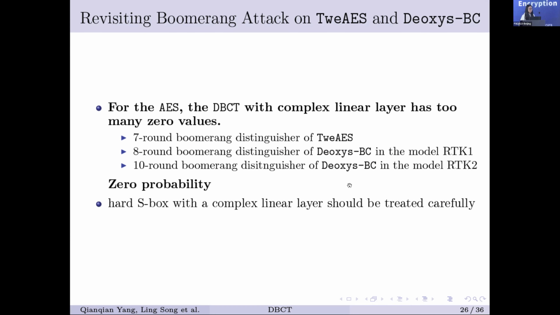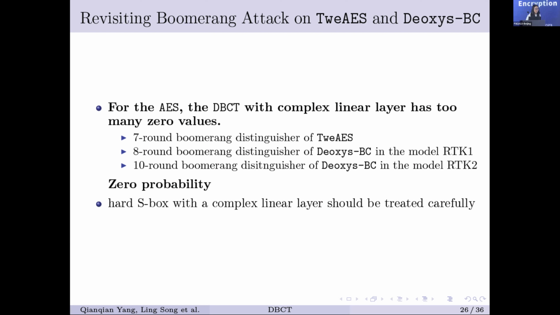Hi, thank you for your presentation. I was wondering, did you try to use the MILP on Skinny? A similar MILP model on Skinny? Yeah.